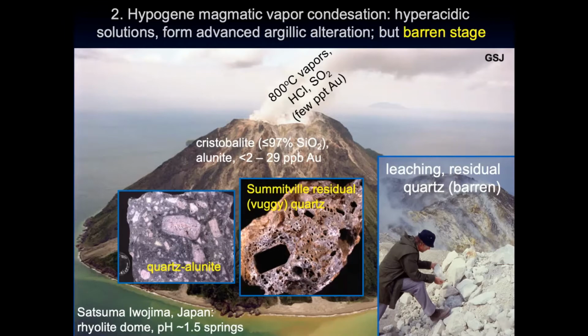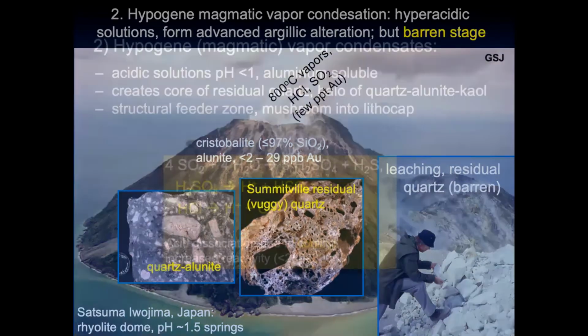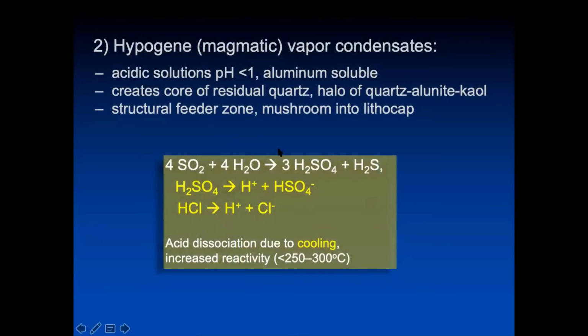Now this is the environment in which these acid fluids form. These are the reactions. We have magmatic SO2 and HCl. The SO2 combines with water to form sulfuric acid, H2SO4. Then both H2SO4 and HCl, on cooling, start to dissociate and release their hydrogen.